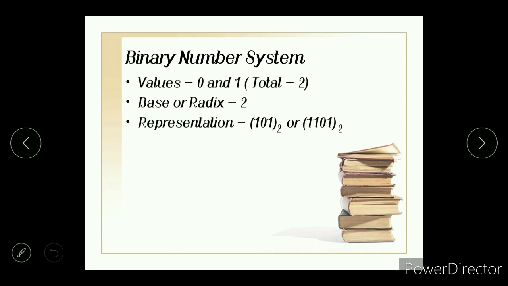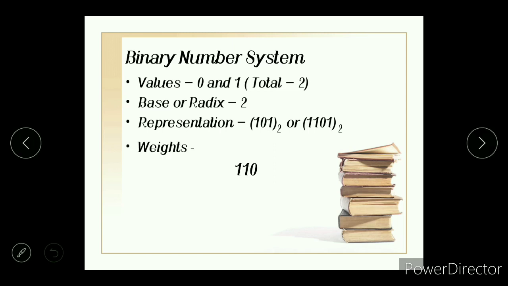It is written in bracket 101 and base 2. It tells me that number 101 is in binary form. It is not a decimal number. 101 we can have in decimal as well, correct? But here, since we are writing it in binary, I have to write it in bracket and subscript 2. Similarly, for 1101 also, you will have to write it in bracket and subscript 2.